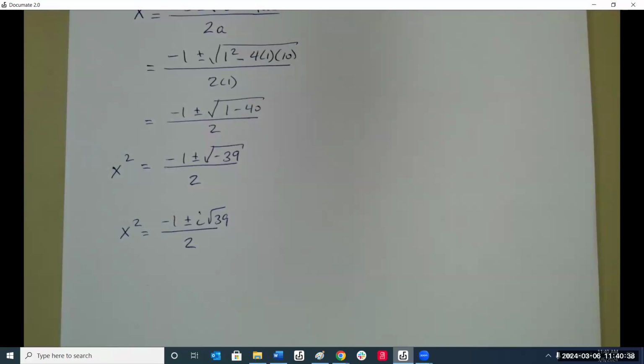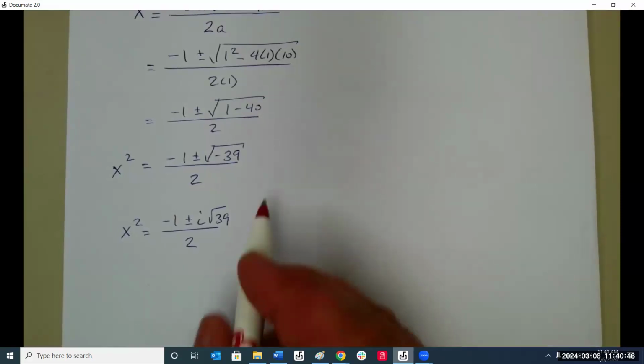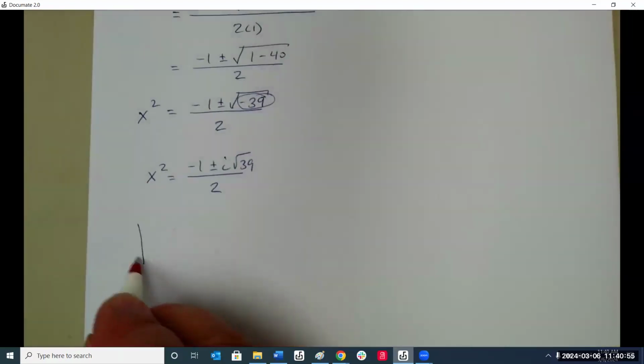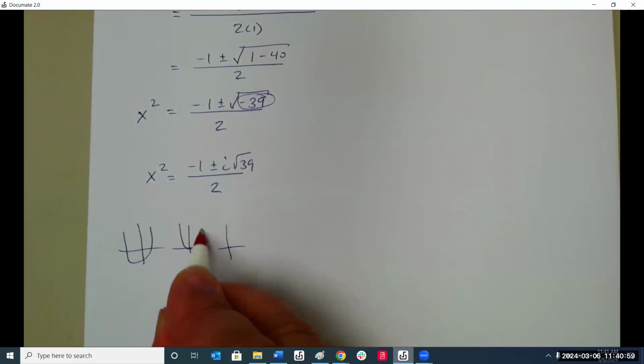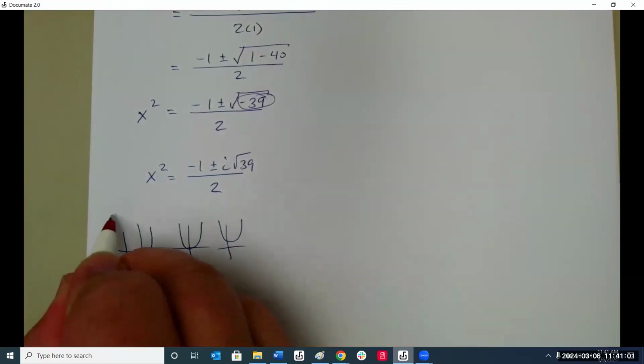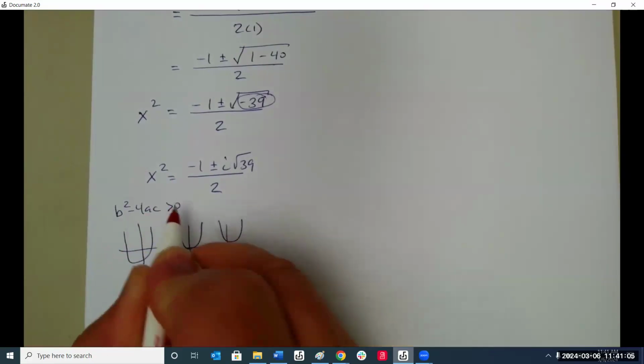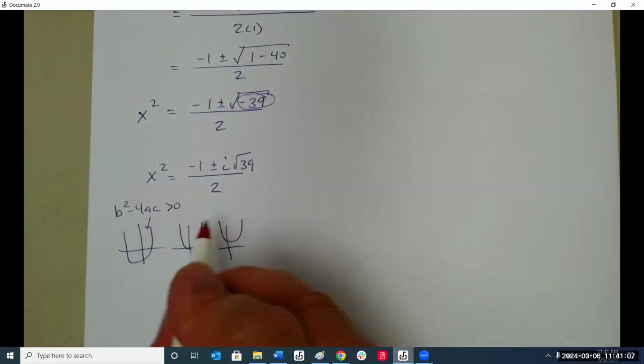So we have no x-intercepts, no solutions, because if the discriminant is negative, there are no solutions. Because we have 3 possibilities. Like this, and like this. If b squared minus 4ac is greater than 0, we get this.